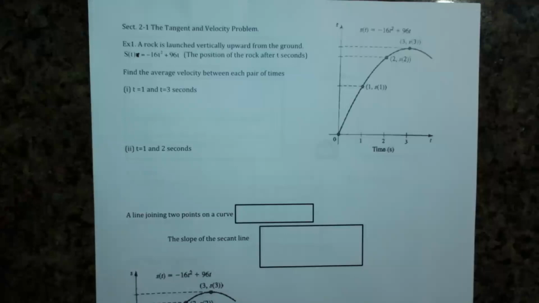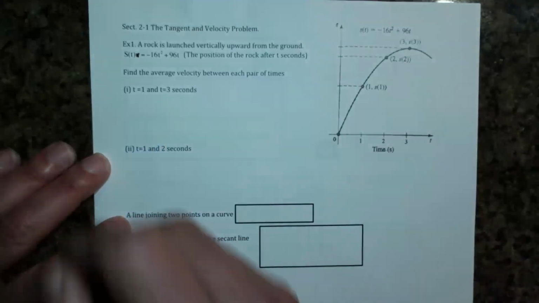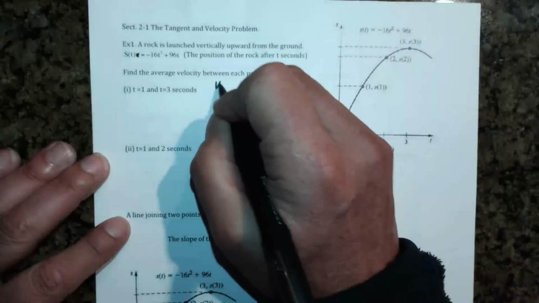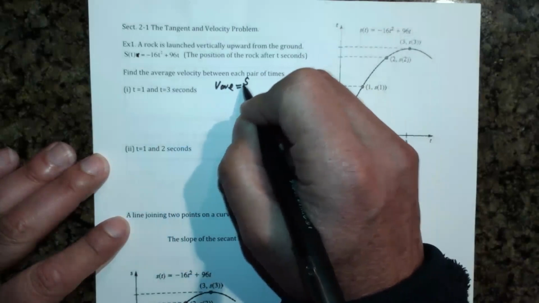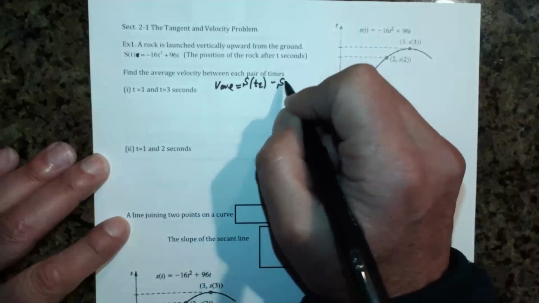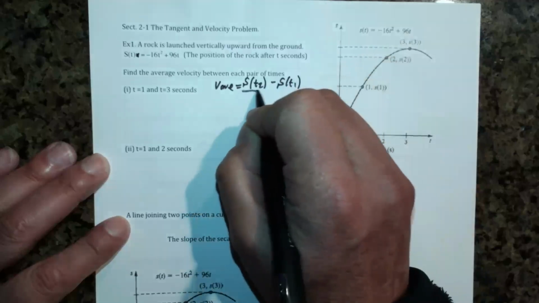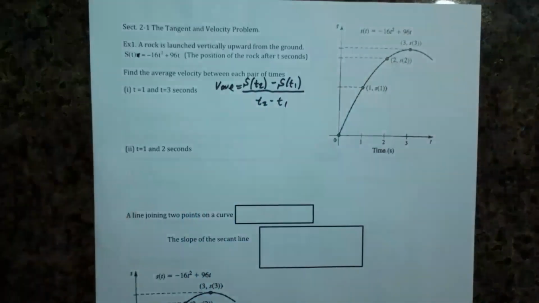And we're going to talk about average velocity. And ideally, we eventually want to come to instantaneous velocity. So we're going to find the average velocity between 1 second and 3 seconds. And the formula that we'll need for that is here.